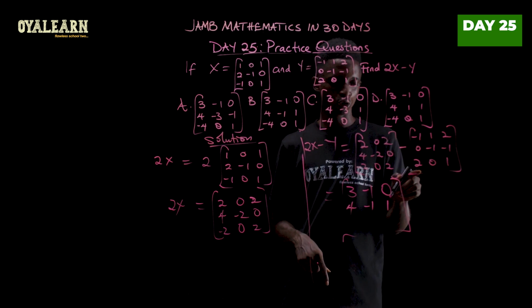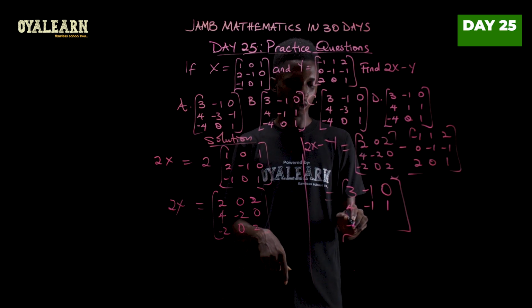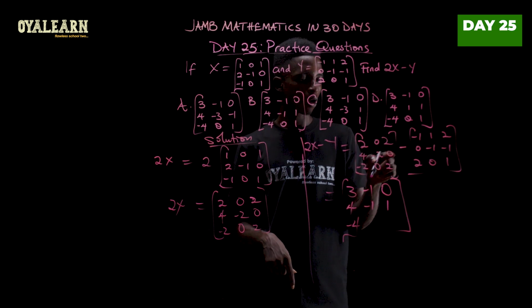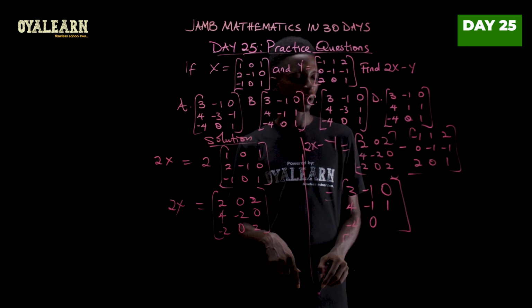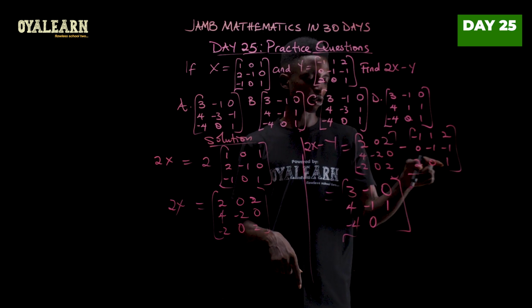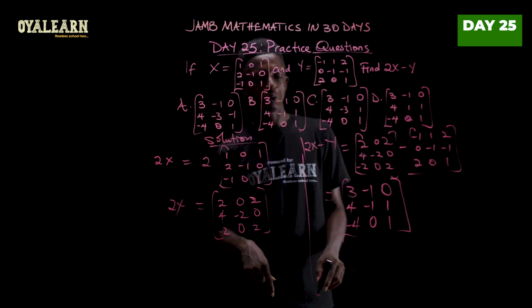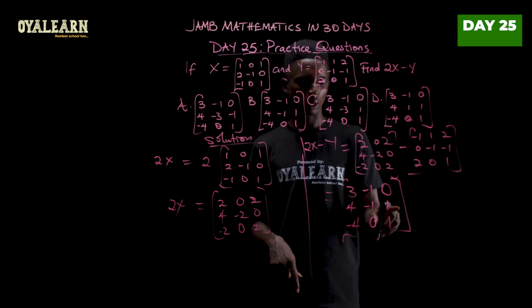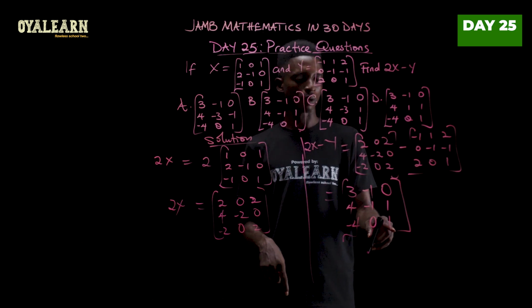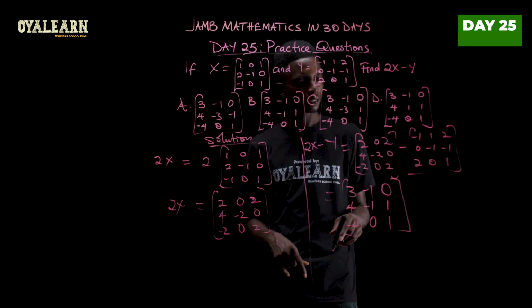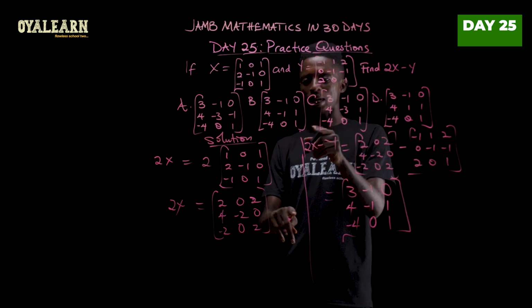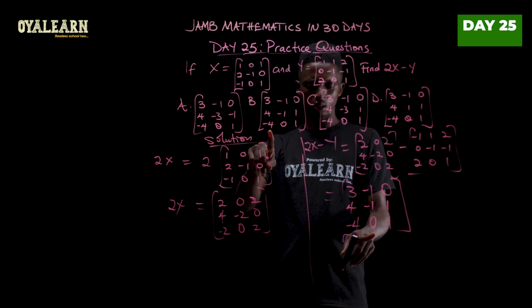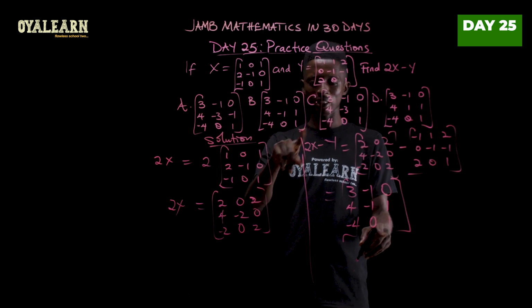Minus 2 minus 2, that is minus 4. 0 minus 0, 0. 2 minus 1, 1. So we have 3, minus 1, 0; 4, minus 1, 1; minus 4, 0, and 1. When we look carefully, we will see that the correct option is B.